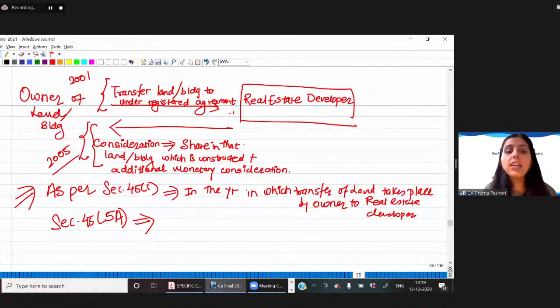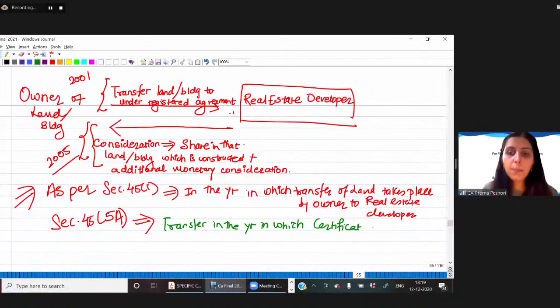45(5)(a) says that it will be taxable in the year in which certificate of completion is issued by the competent authority.